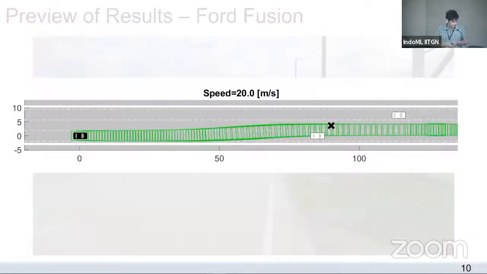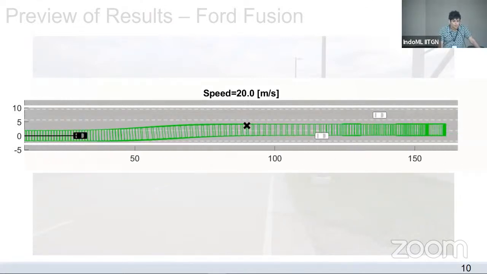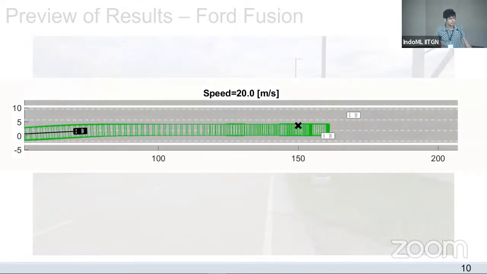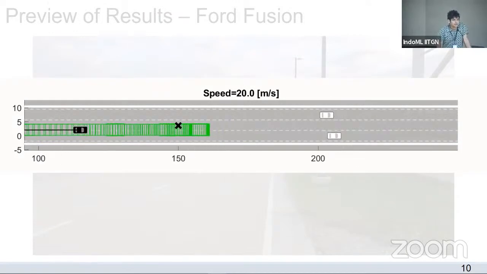Over the past summer, my students have actually gotten this working on a real car. So this is an illustration of what it looks like on the real car. This is going down I-5, between LA and San Francisco, and this is us operating up to about 30 meters per second on that highway. We're generating these really tight reachable sets.